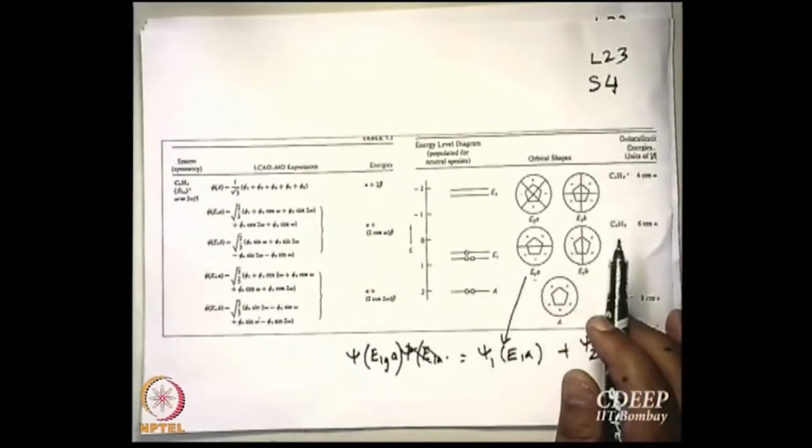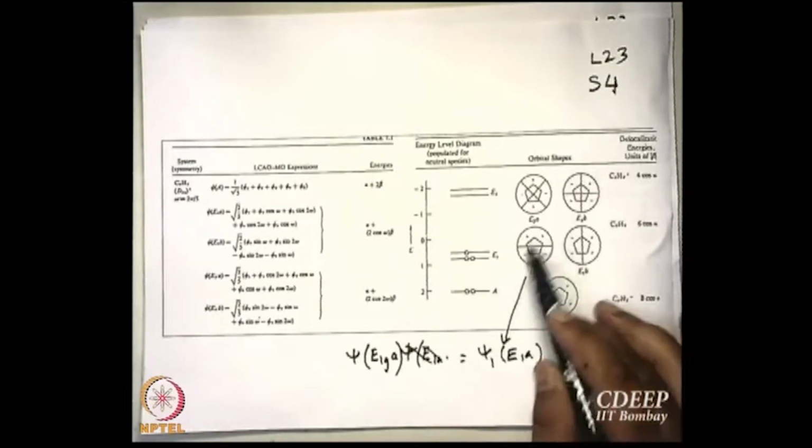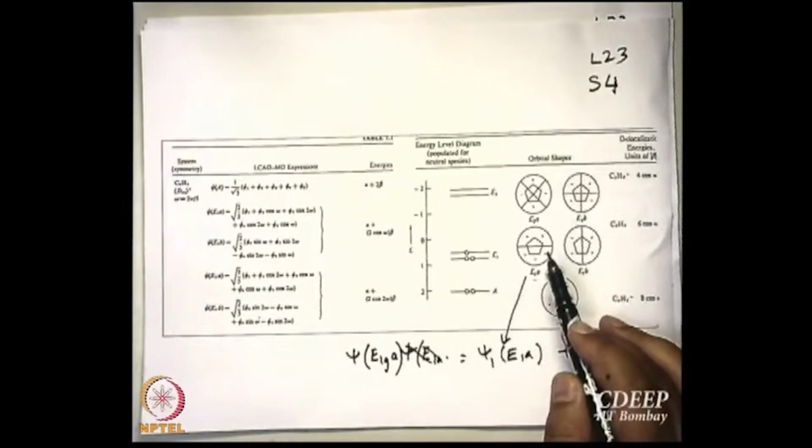Okay, and since you are mixing E1A kind of LCOs, the resultant linear combination is also going to have E1A kind of symmetry. The only additional thing that will come is that if it is a plus combination, then the subscript G will also have to come in. Right? Because by themselves, these rings do not have a center of inversion, do they?